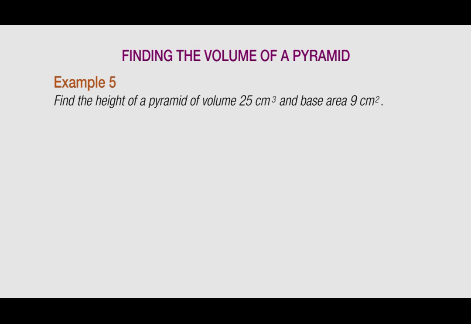Find the height of a pyramid of volume 25 centimeters cubed and base area 9 centimeters squared. From this question, you have been given the volume to be 25 centimeters cubed and the area to be 9 centimeters squared.